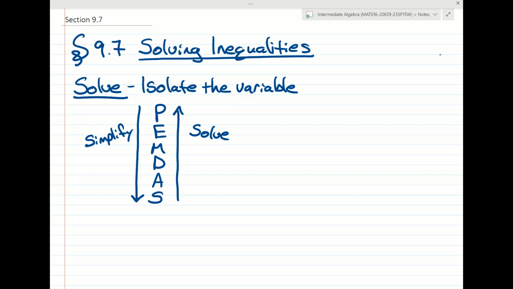With inequality, there are a couple extra steps that we have to do or just be aware of.